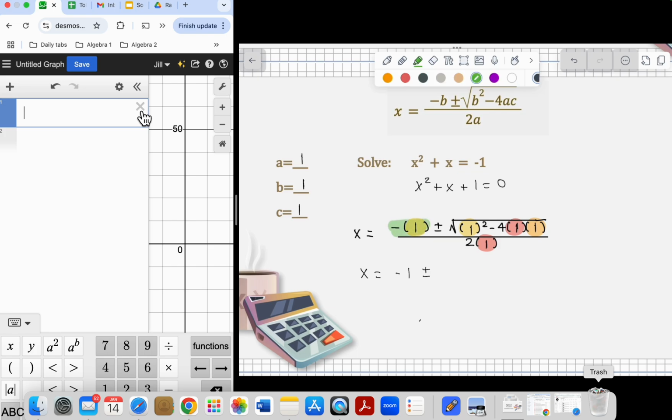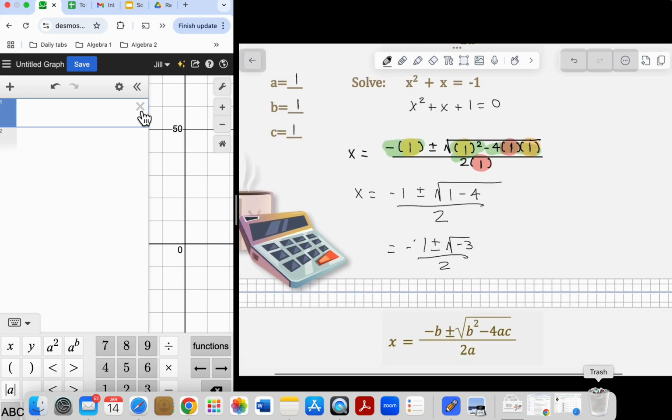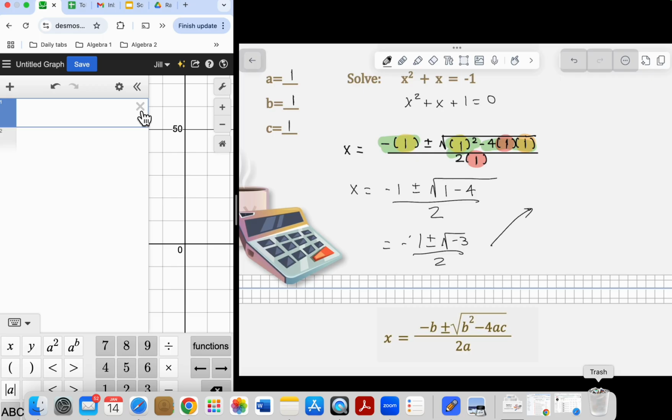And then I simply evaluate and simplify, and I get -1 plus or minus the square root of -3 over 2. And this is where, at this point, we realize that the discriminant, the thing that we talked about a couple of videos ago, is a negative number. So at this point, you recognize that this is going to be a non-real solution.